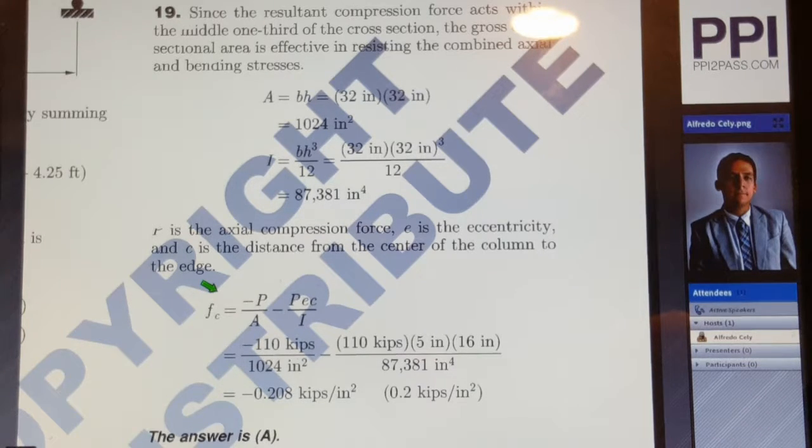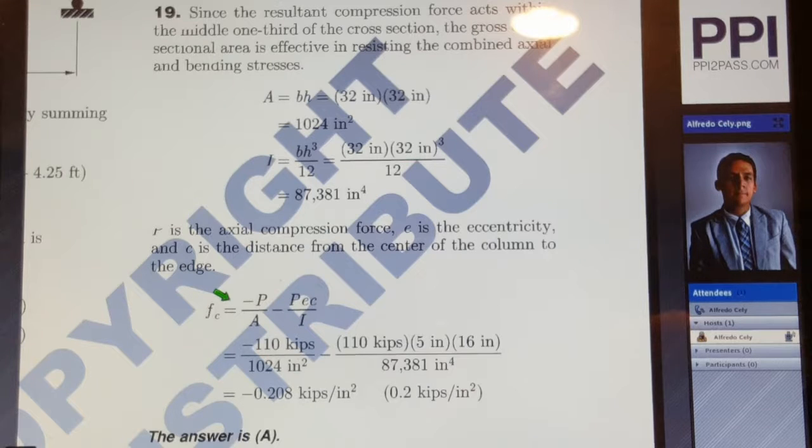Now, the stress of the axial compression force is going to be simply the division of the force over the cross-sectional area.